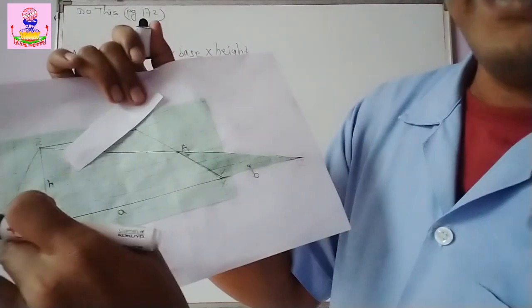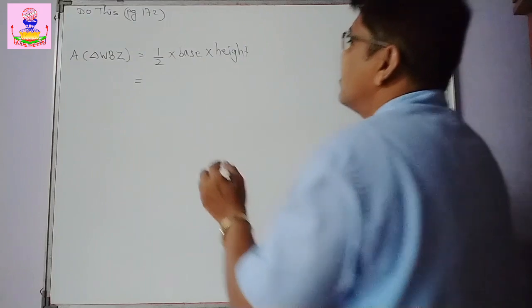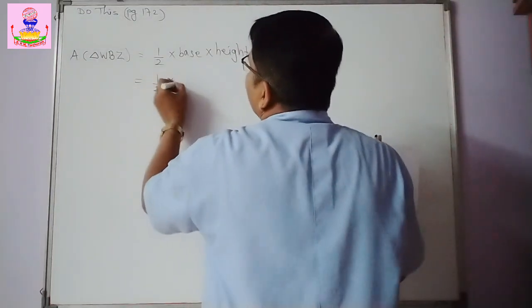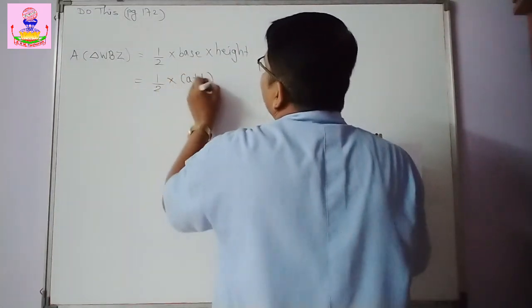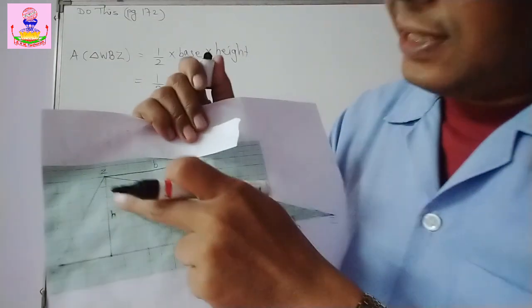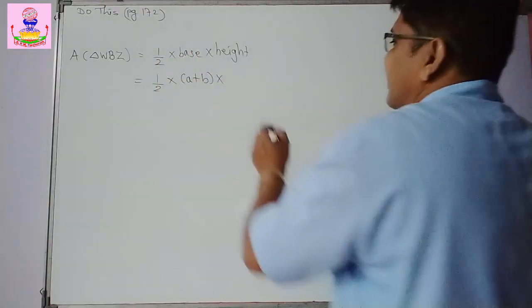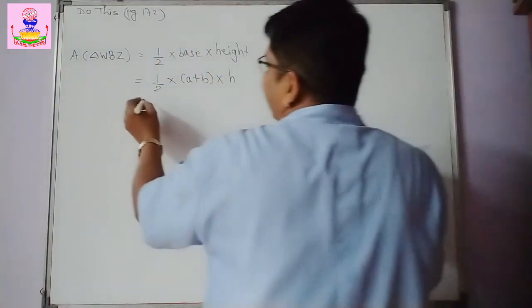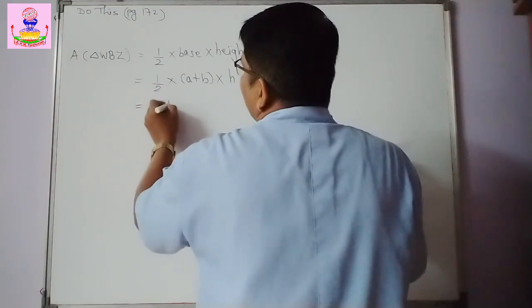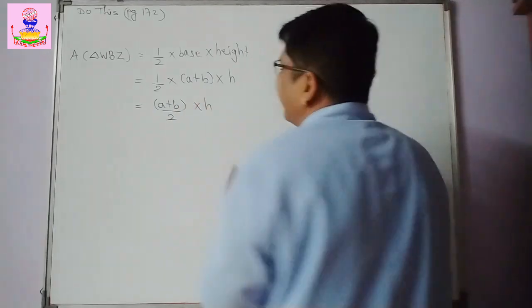This is a till here, and this is b, so a plus b. So half into a plus b. And what is the height? This is the height, and it is h. So, is it verified? Yes, it is: a plus b upon 2 into h.